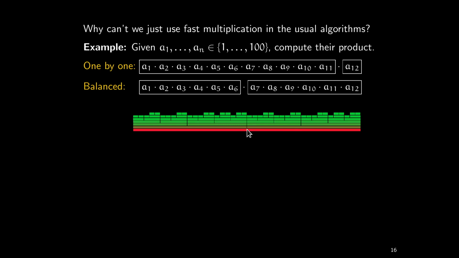How was this obtained? This line was obtained by one product of this half and this half. And this half in turn was obtained by the product of its two halves, and so on, all the way down to the original numbers. And since 12 here is not a power of 2, it doesn't fit evenly, and there's one that is a little bit longer than the others, which I have to split again, and that's why I have to do a recursion one a bit more, so it looks a bit funny in the shape.